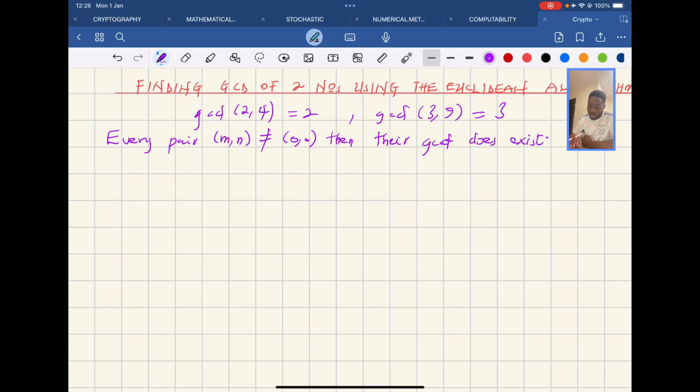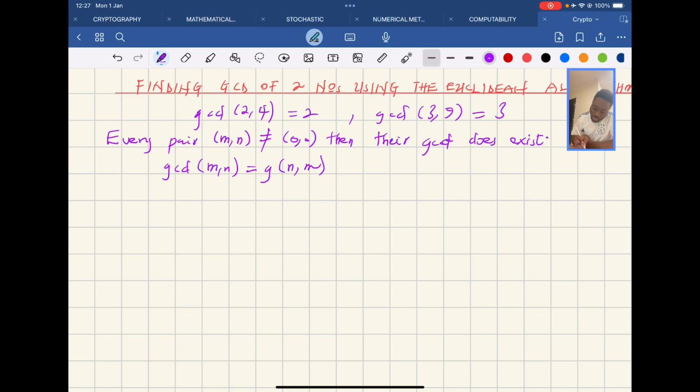So if we have a pair m and n, and the pair is not 0, 0, because the GCD of 0 and 0 is 0, which is nothing. So if that pair is not 0, 0, then it means that their GCD exists. We also have to note that the GCD of m and n is the same as the GCD of n and m.